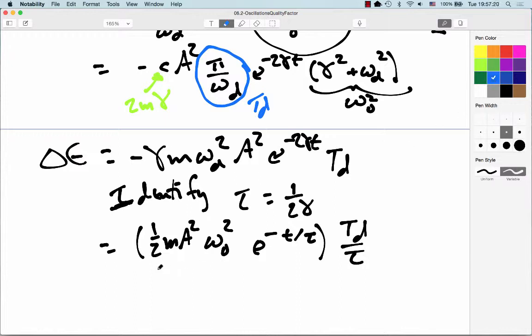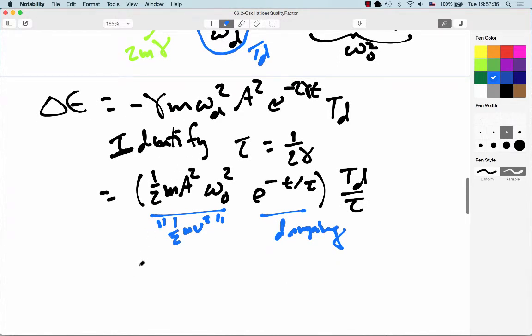This bit here looks kinetic energy-ish, so we'll just say it's like a 1/2 mv squared kind of thing. And this bit here is our damping. The whole bit here, that much right there, corresponds to the energy.